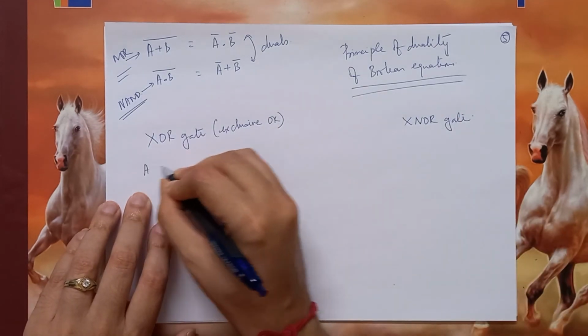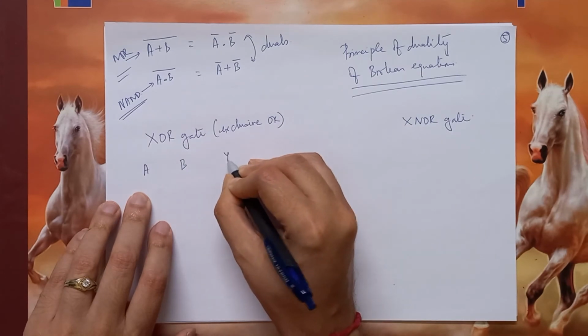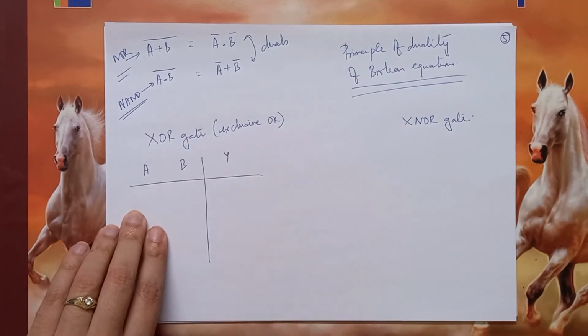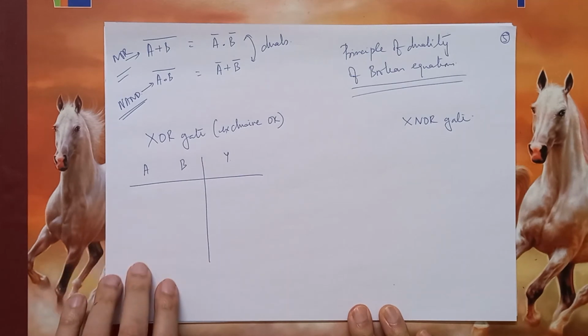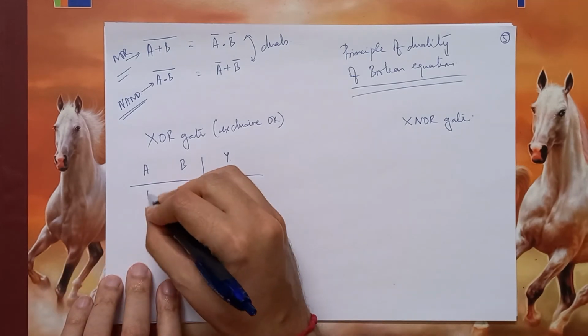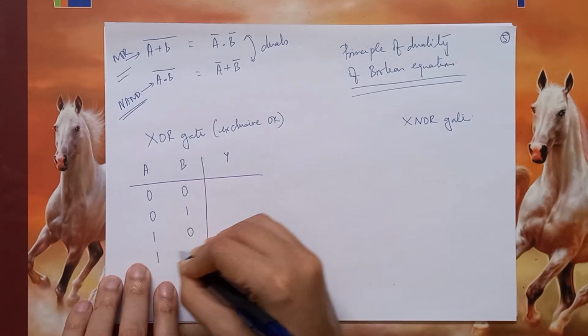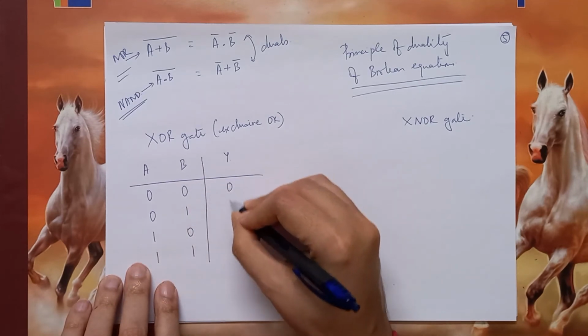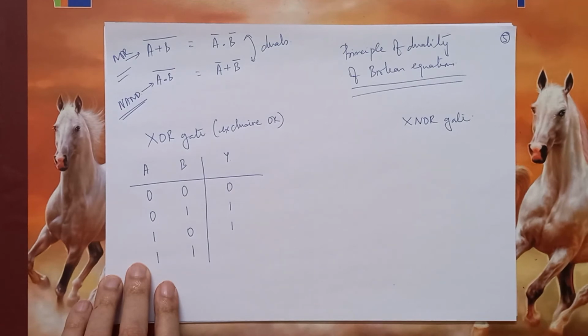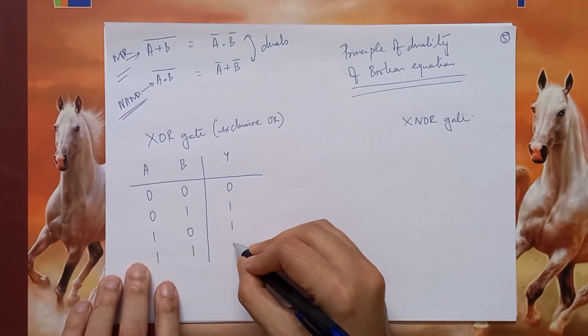So the difference now is this. The XOR gate is very similar to an OR gate in the sense that for the first three cases it is exactly like an OR gate, but for the last case the output is a 0.